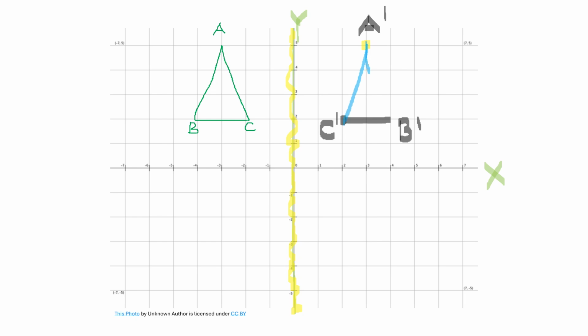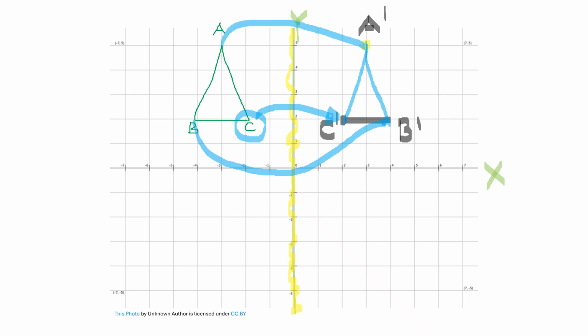So A prime on the top, B prime away from the mirror line, and C is closest. So the point which is closest to the mirror line is immediately opposite it. The point which is further away will be further away. But A will obviously remain the same at the top. So this is how we reflect across the y-axis.